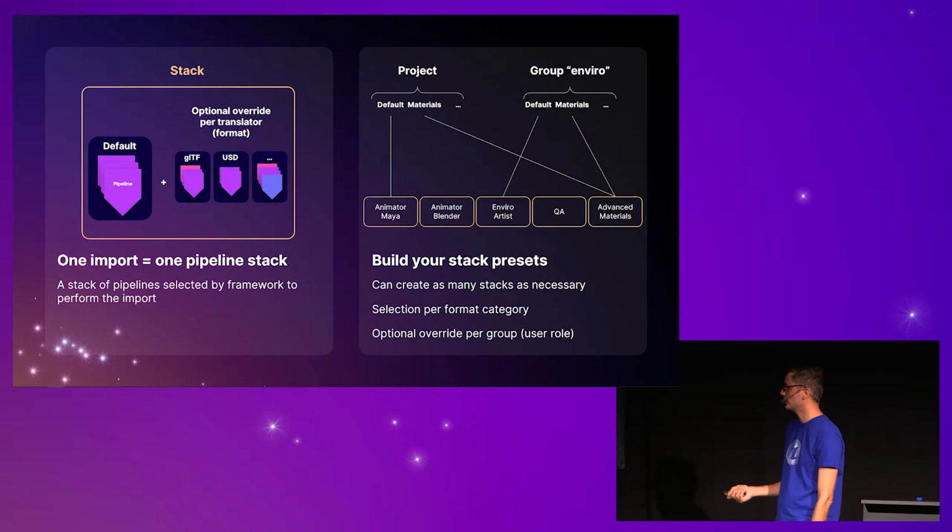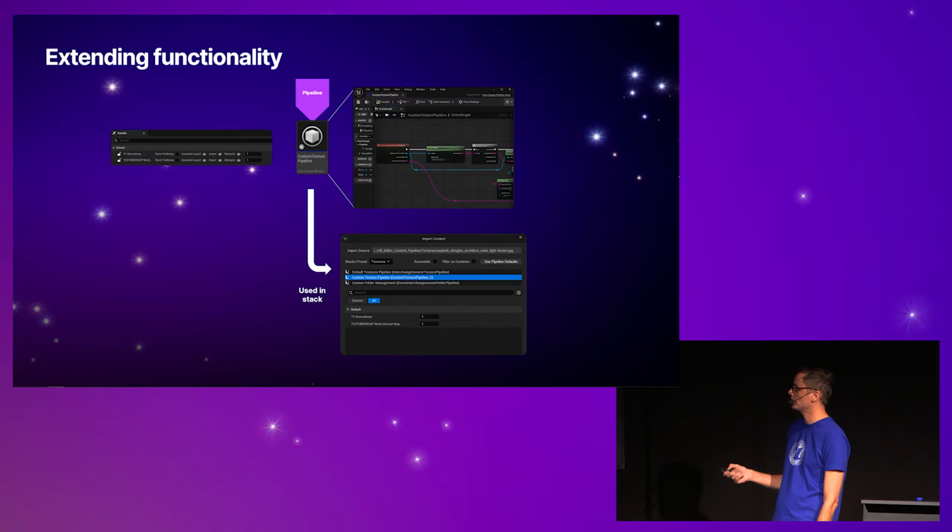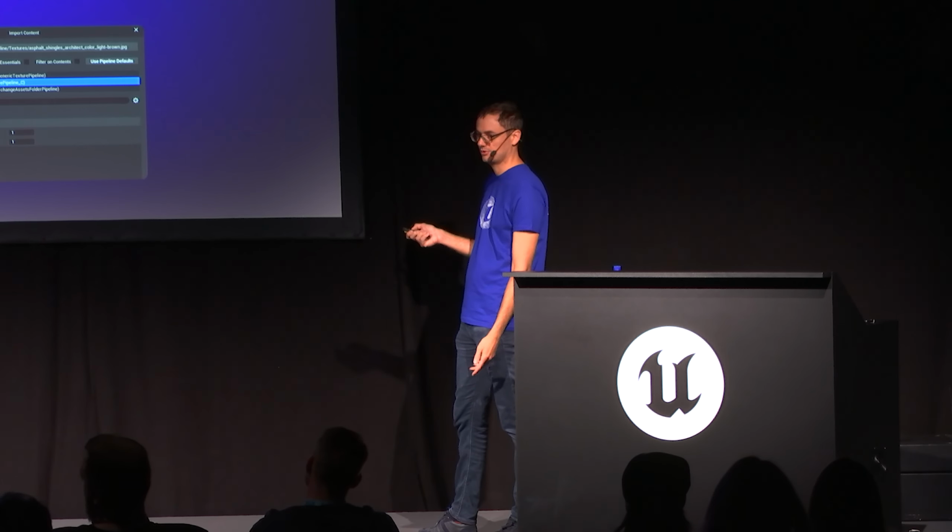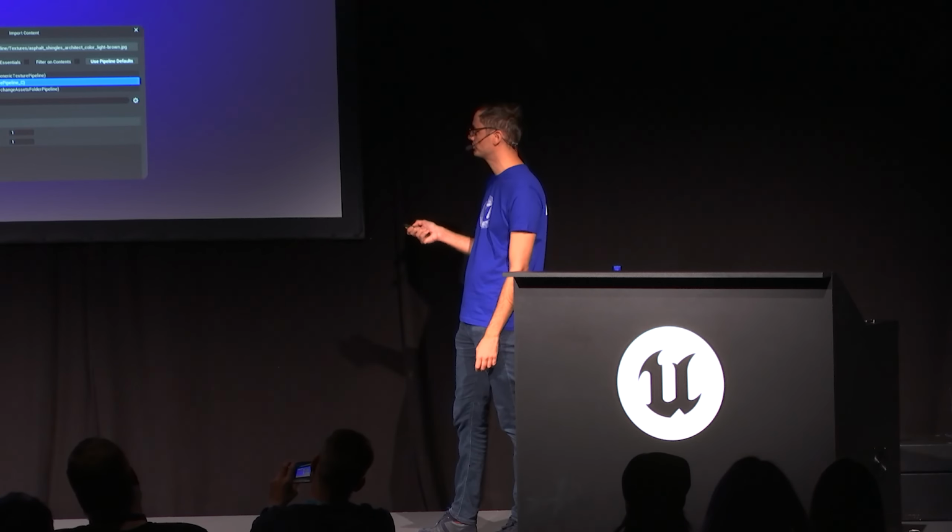And then you can manually switch here when you're importing: I'm an animator, so I want to select the animator stack or the Blender stack, depending on how you want to call them and which concept you want to use.